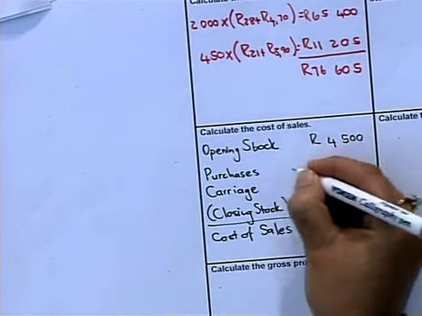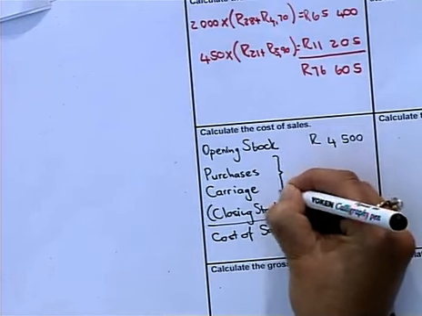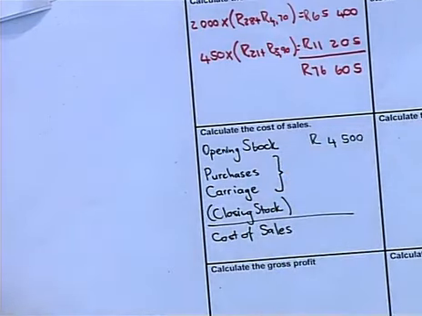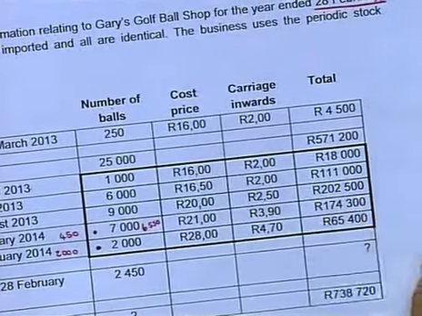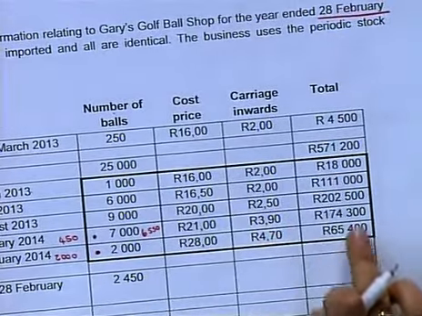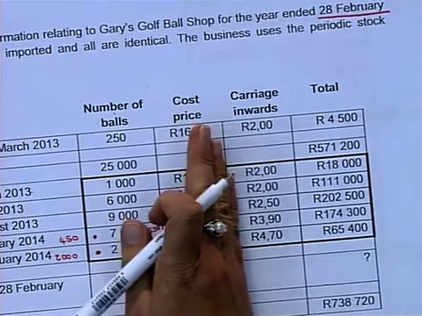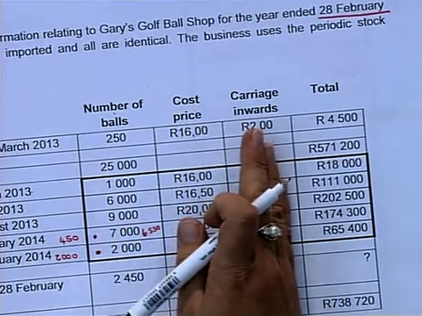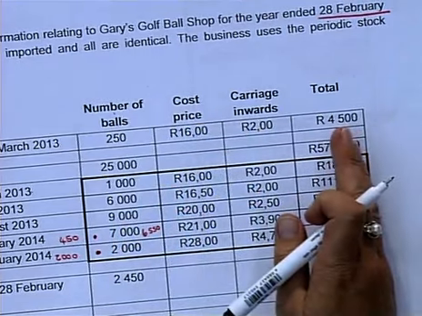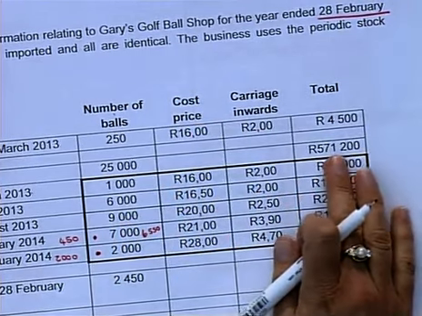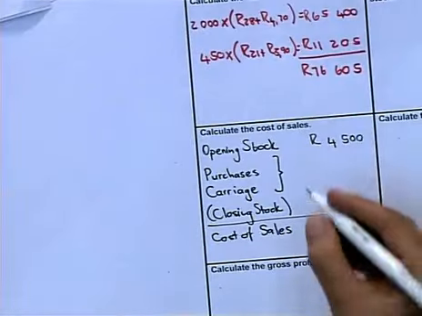In this specific exercise, you can combine this, because remember, they have been kind enough with their information to actually give you a total column. So they've got the purchases and the carriage on purchases as a total. So my total purchases, 571,200.